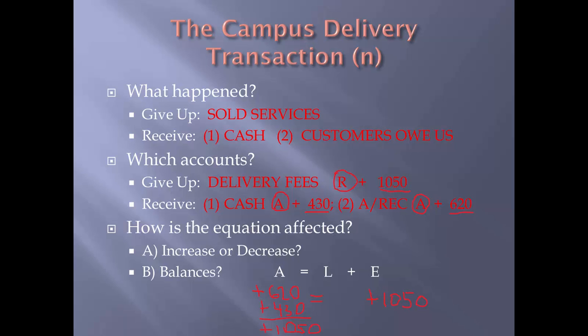Then my revenues is a plus 1050. But remember, revenues is equity. I have to ask myself, how do revenues affect equity? Revenues increase equity, so I'm keeping that a plus. And that is plus 1050. I have plus 1050 equals plus 1050, so my accounting equation balances.